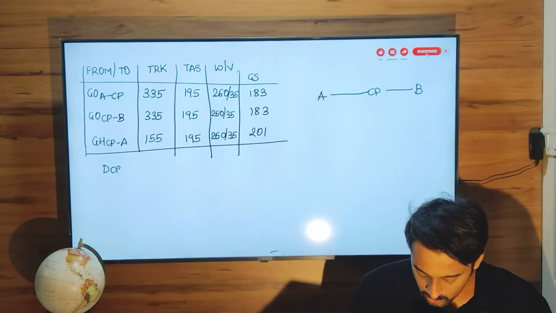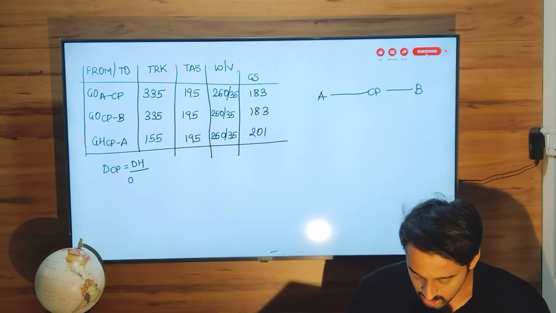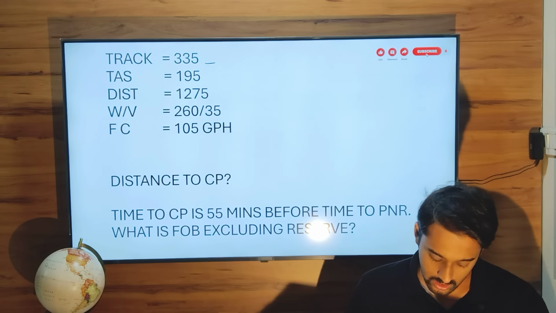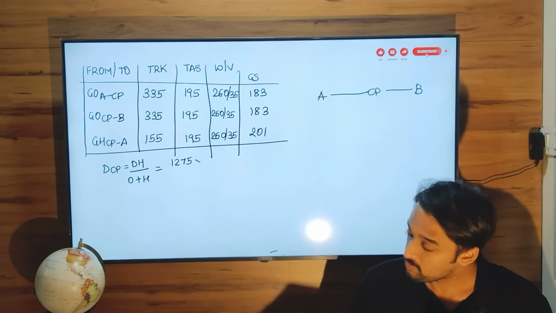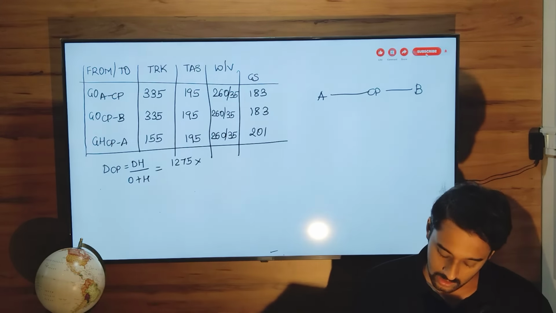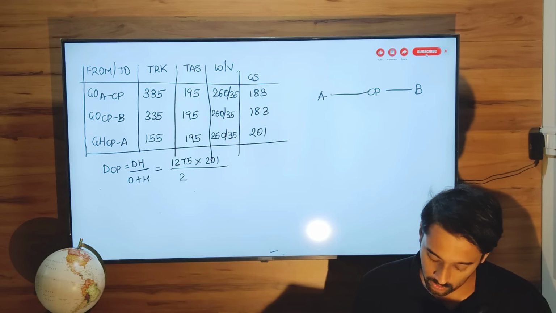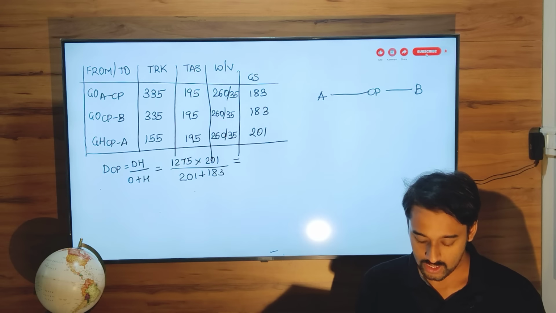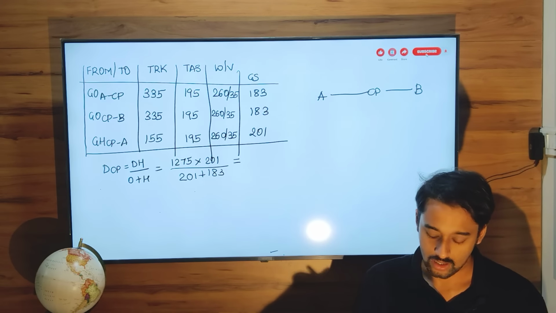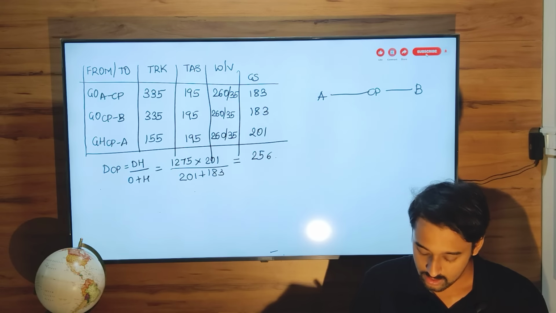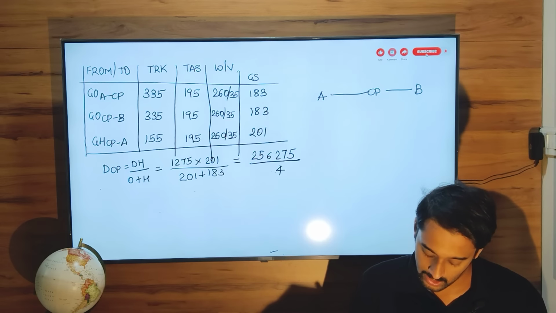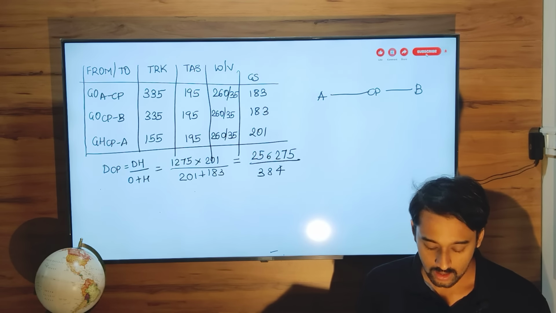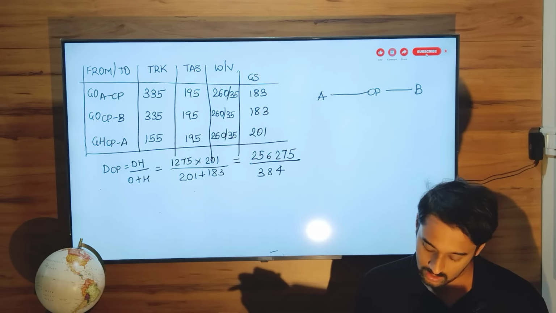Distance to CP is equal to D times H divided by O plus H. D is 1275. Homebound speed is 201. So 1275 into 201, divided by 201 plus 183, which is 384.